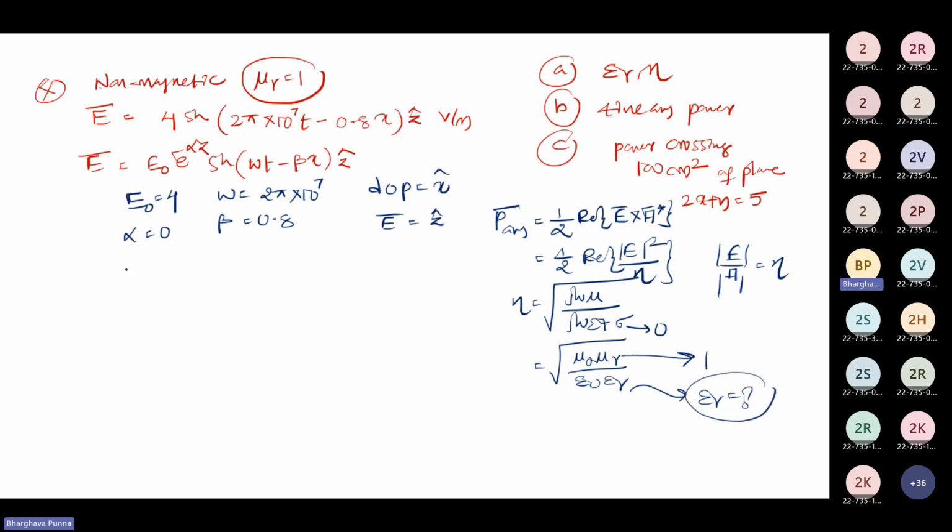So epsilon r is required to be calculated. For that, using omega and beta, you calculate the phase velocity, omega by beta. So what is that one? 2 pi into 10 power 7 by 0.8. This is equal to, you write in meters per second. So your velocity is equal to, you calculate and tell the velocity, how much you are getting.